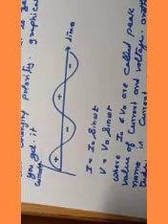I and V are called the instantaneous value of current and voltage, meaning current at a particular instant.